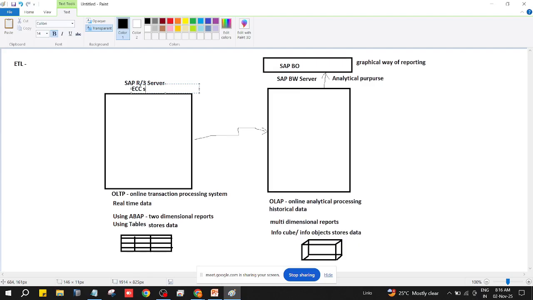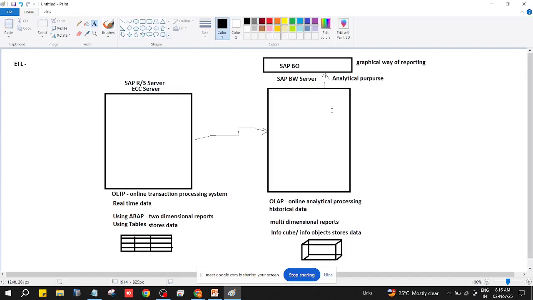But at one stage, after R3, what happened? SAP came directly to HANA and S4 HANA; there is no R4, R5. After HANA, they combined both OLTP and OLAP. Nowadays this is very much in demand. Overall, this area is called BW analytics or SAP analytics.